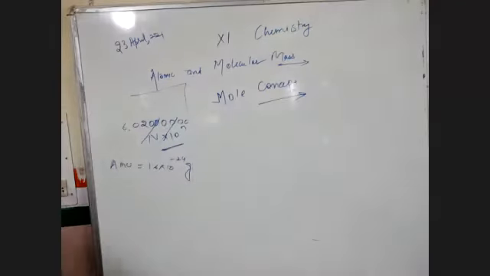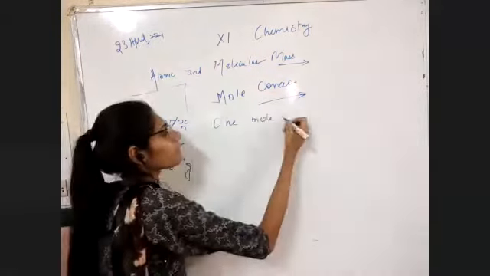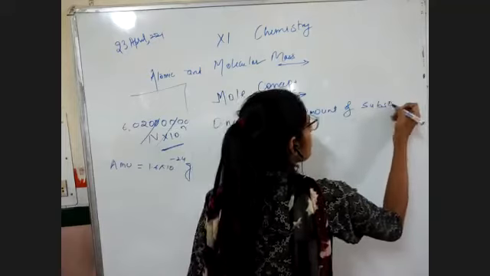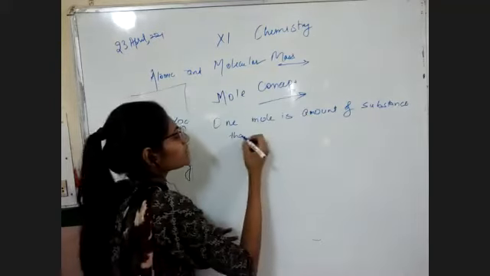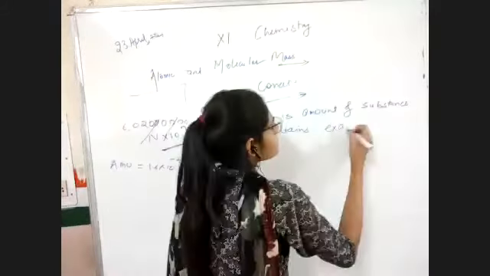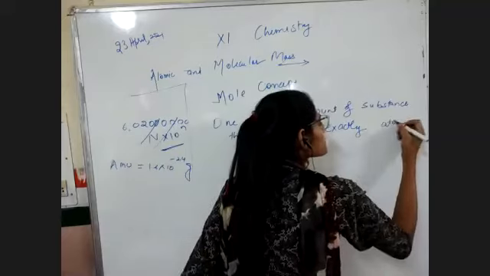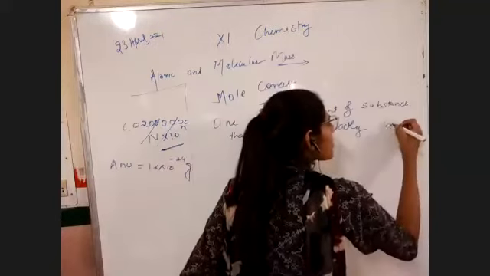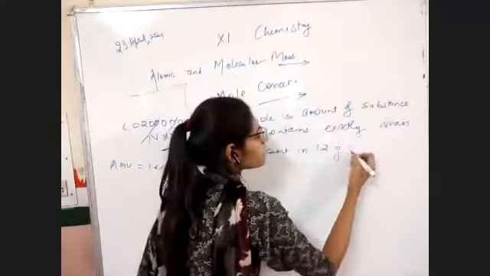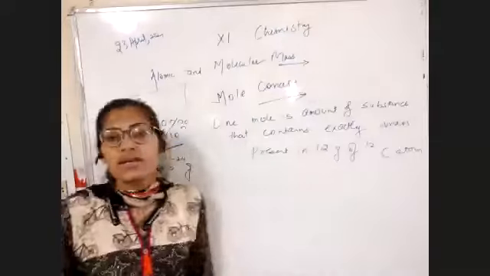I would repeat it and write it. 1 mole is the amount of substance that contains exactly as many atoms as there are in 12 gram of carbon-12 atom. This is defined as our mole.